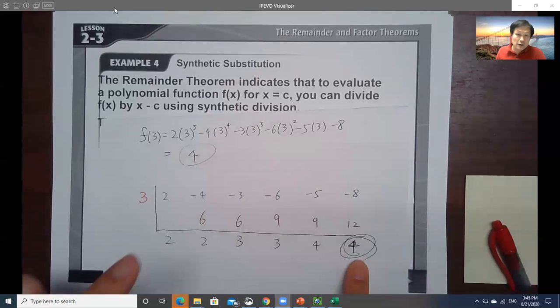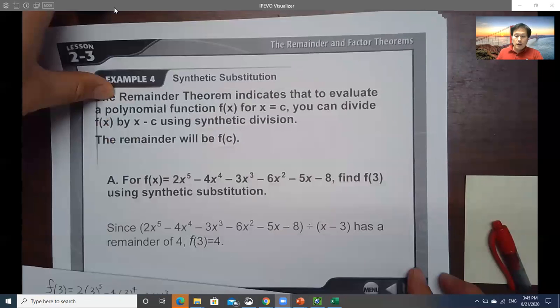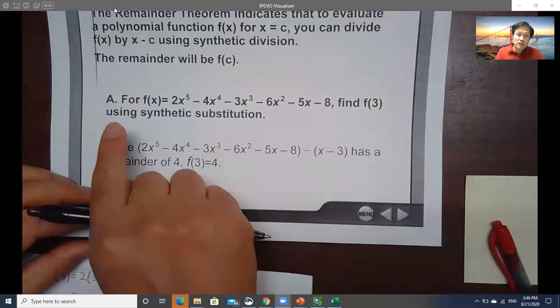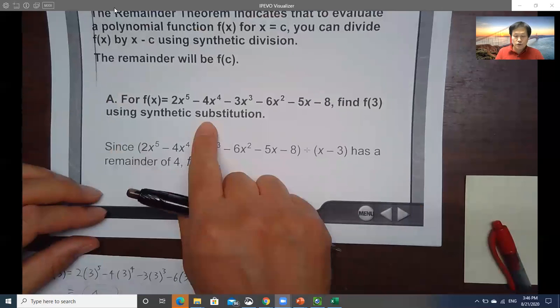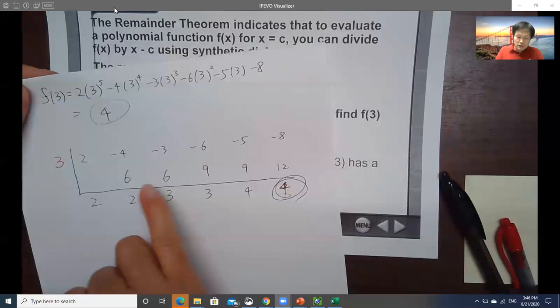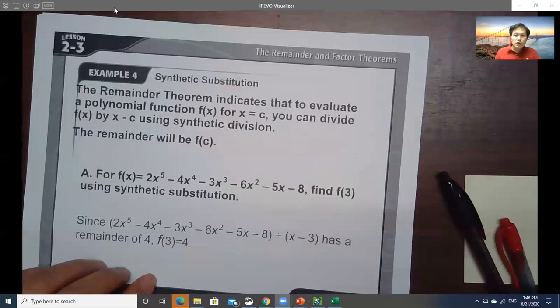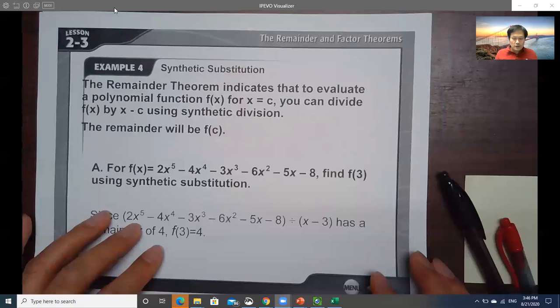That's exactly the same as this. So that's one way to get f of 3 using synthetic substitution. When I ask you to use synthetic substitution, you need to show me synthetic substitution like this. So that's an application of synthetic division.